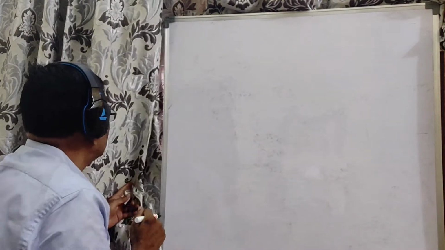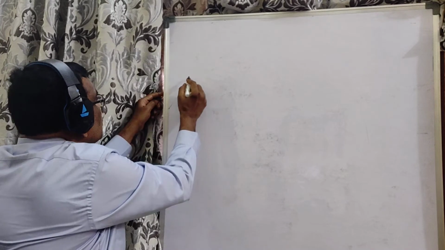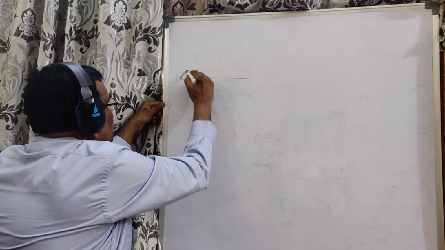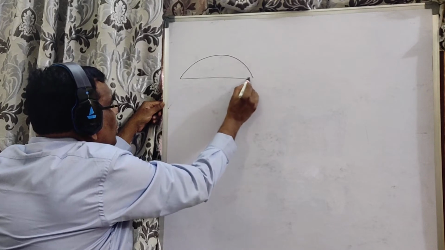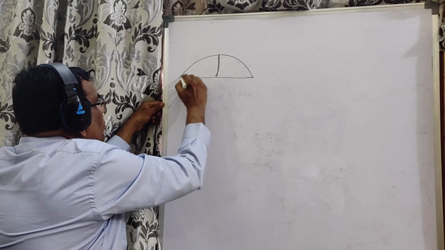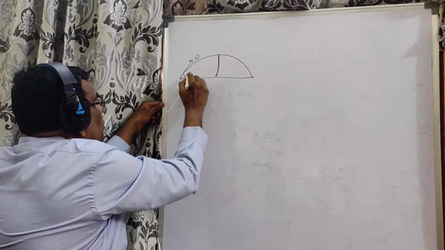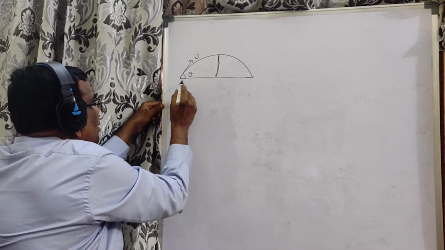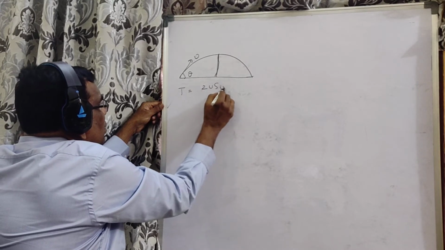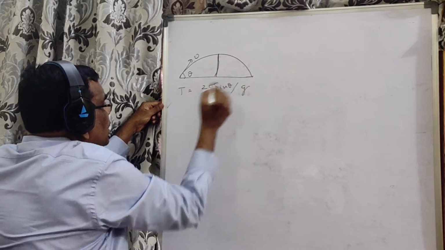Now, the first thing is, you see, this is a ground to ground symmetric projectile, with u and theta. Okay? Now, the time of flight here is 2u sin theta by g.